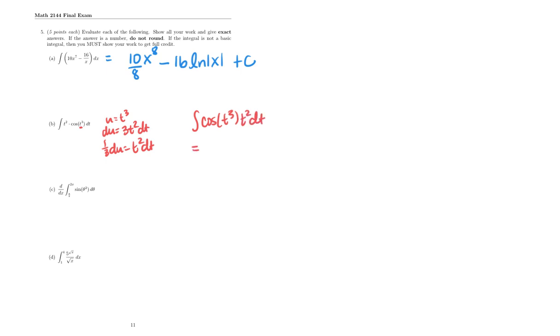And that gives me the integral of cosine of u times 1/3 du. I can pull the 1/3 all the way out. Cosine u du. And an antiderivative of cosine u is sine of u. And then I can go all the way back to t's. So 1/3 sine of t cubed plus c.